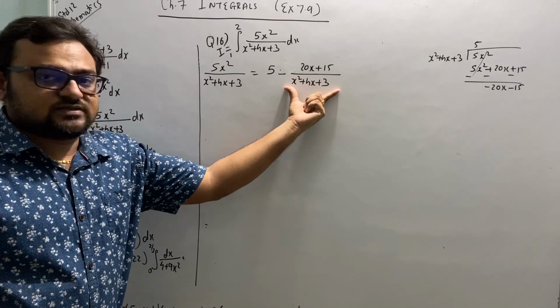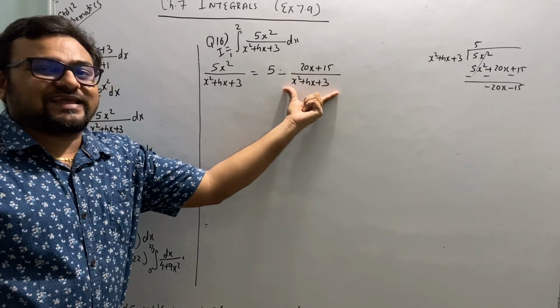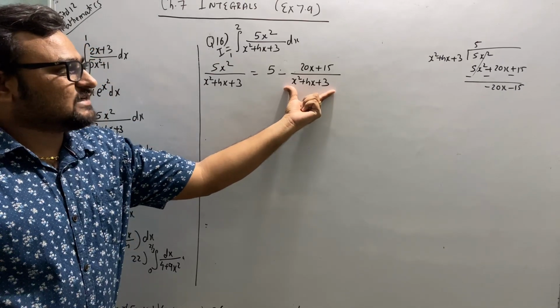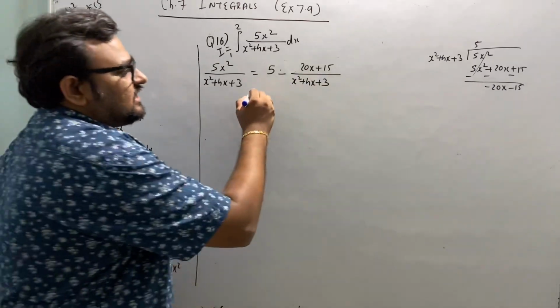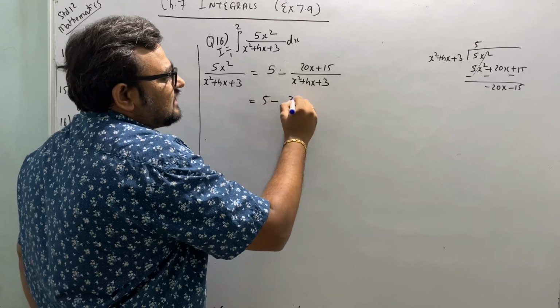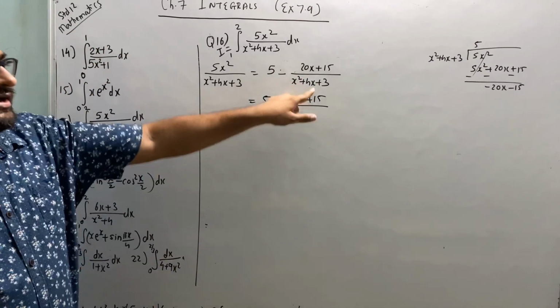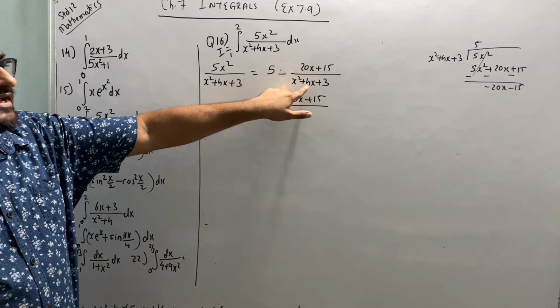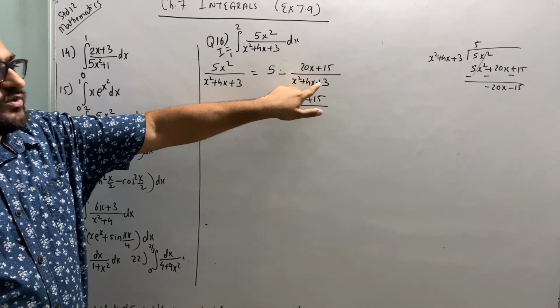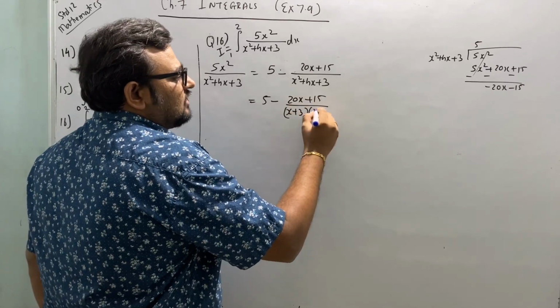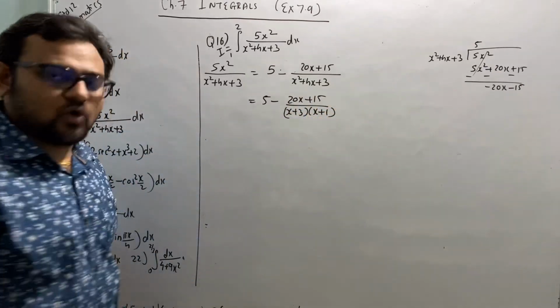Now how will we solve this? This we will use the method of a upon x plus, b. See, this x square plus 4x plus 3, I can write it down. When I factorize it, it's 4x, so 3 ones are 3, so x plus 3, x plus 1.